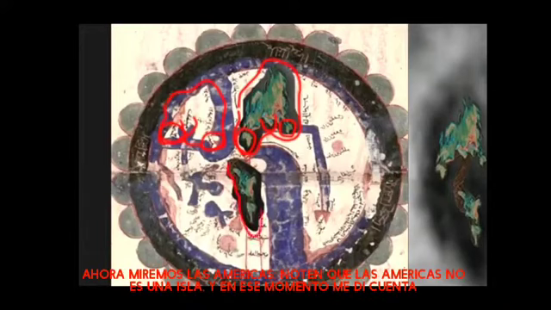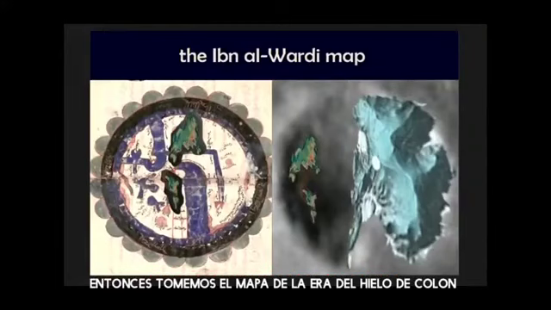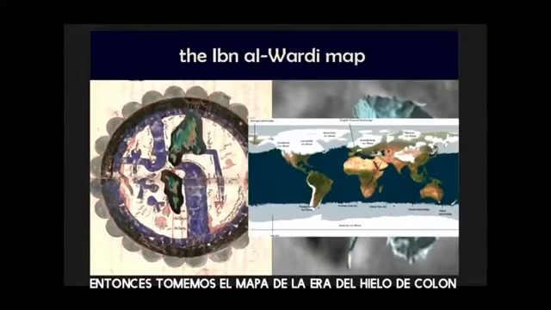Now let's take a look at the Americas. Notice how the Americas are not an island. And at that moment I realized that this was an Ice Age map. So let's take the Ice Age Columbus map.